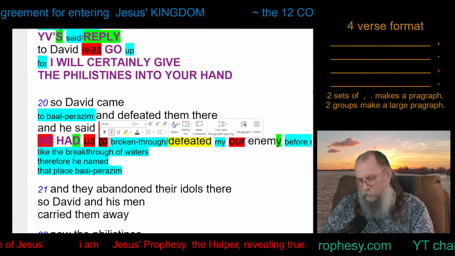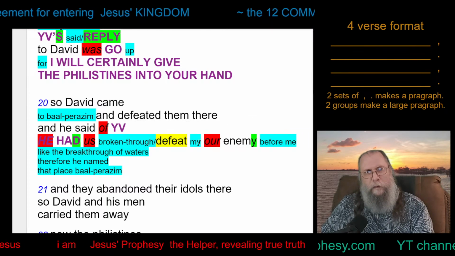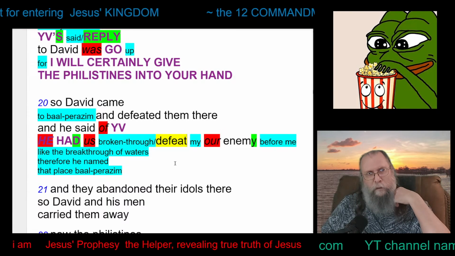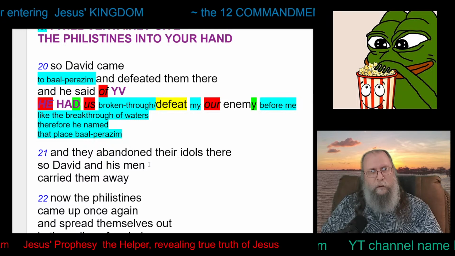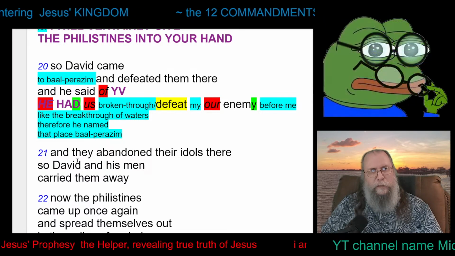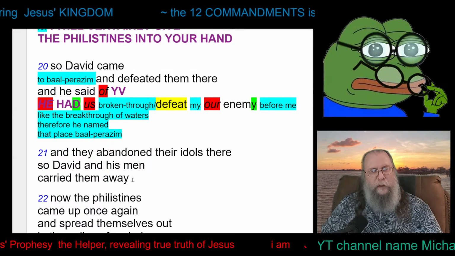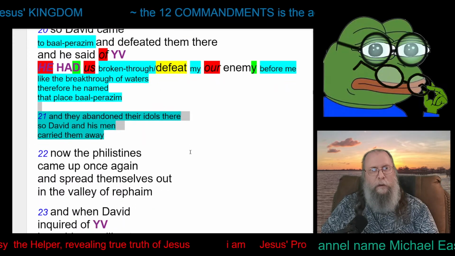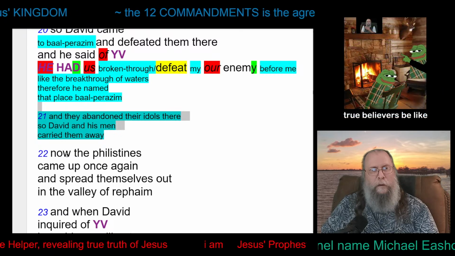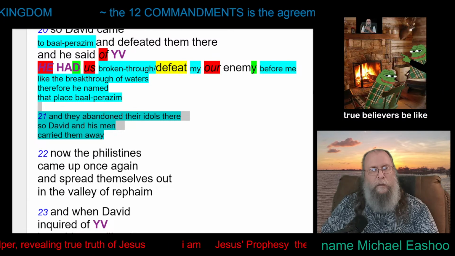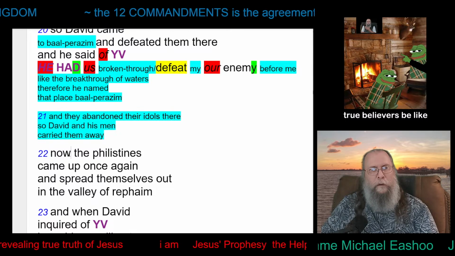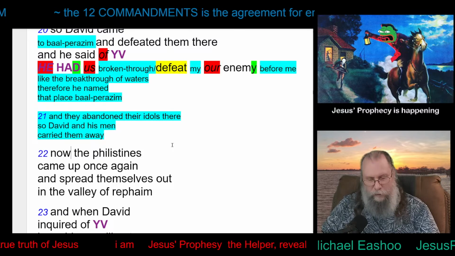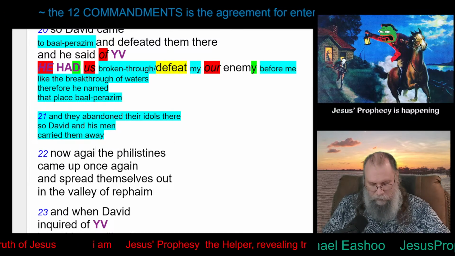Had us defeat our enemy. And they abandoned their idols there, so David and his men carried them away. They'd leave that pagan stuff behind, so that's just wrong. I can't use that word, but I gotta say it again.